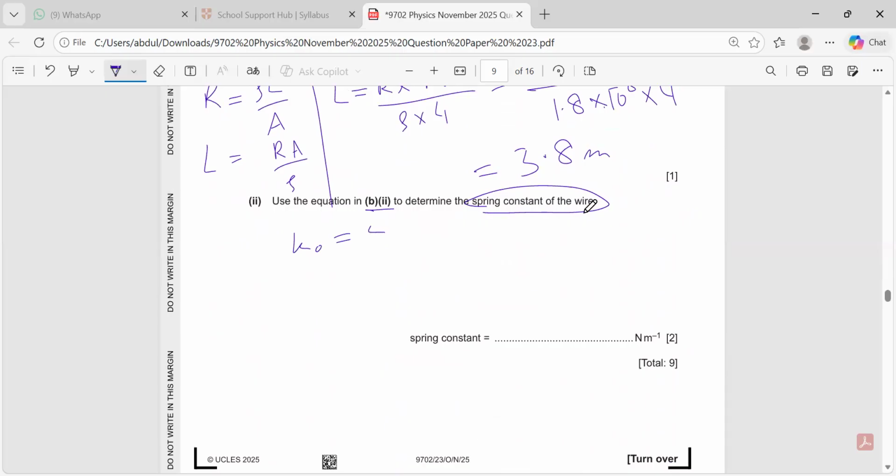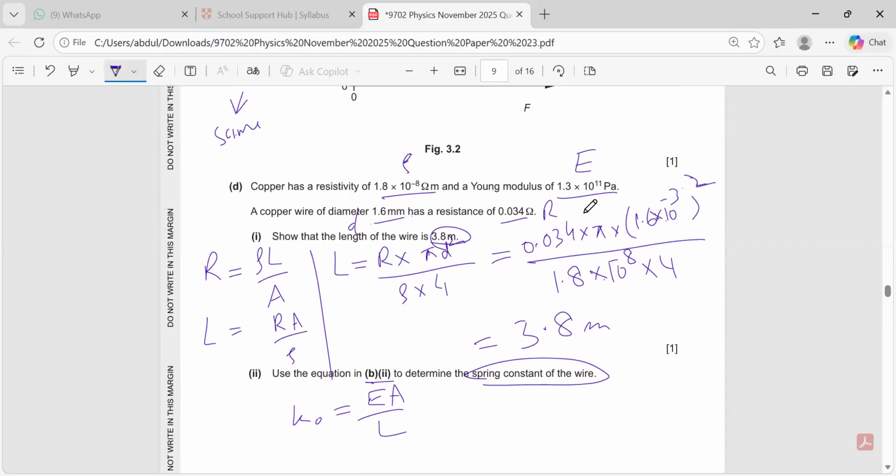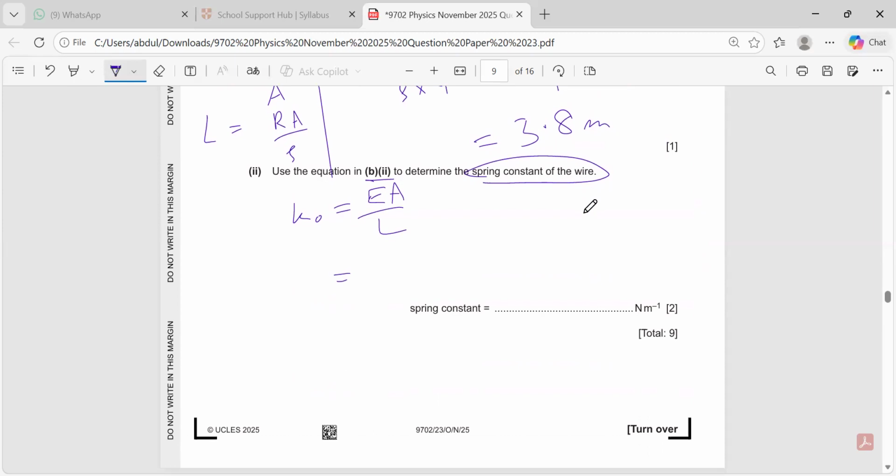K naught is equal to EA over L. Now let's place the values. Young modulus E is given, 1.3 times 10 raised to power 11. Area of cross section, again the same fashion, my dear friends, pi d square over 4, so that is 1.6 times 10 raised to power minus 3 whole square over 4.